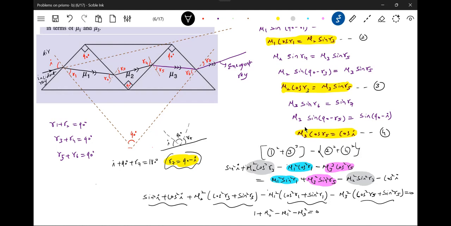Okay, there's a relationship between the mu's: 1 is equal to mu1 square plus mu3 square minus mu2 square. This will be your answer.